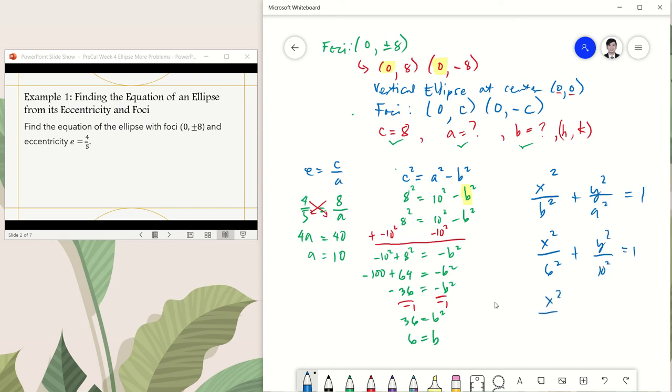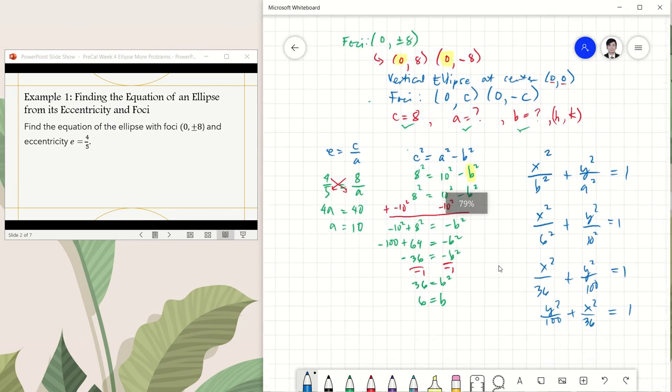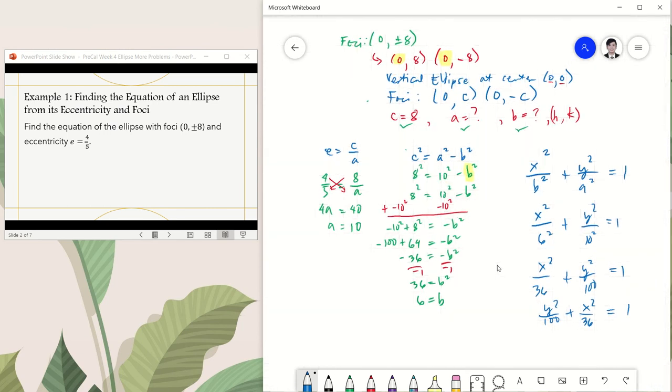So, this would be x squared over 36 plus y squared over 100 is equal to 1. Pwede din naman y squared over 100 plus x squared over 36 is equal to 1. Because yung usual na format na ginagawa natin, dapat mas malaki yung value sa denominator compared to the second denominator. So, ganyan. This is our final answer.